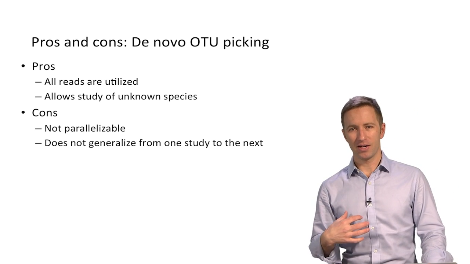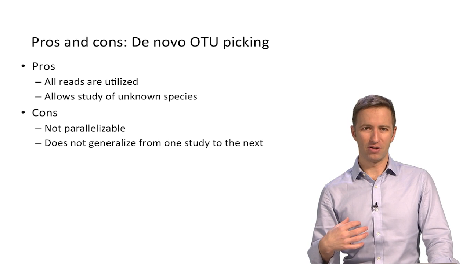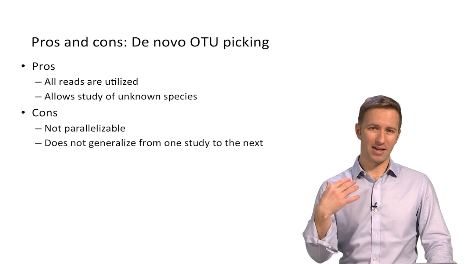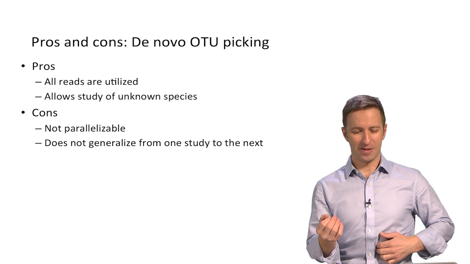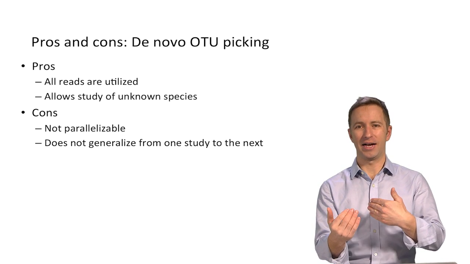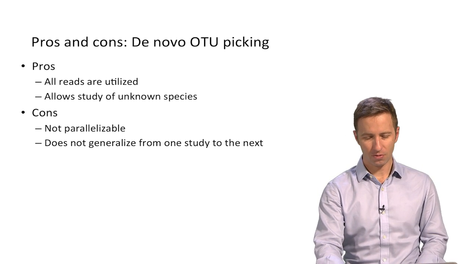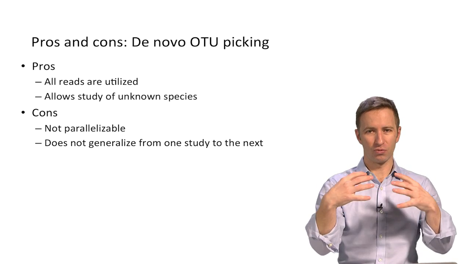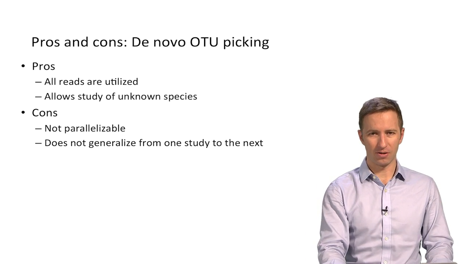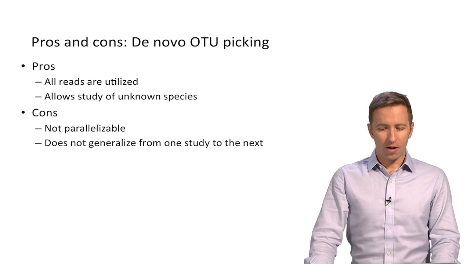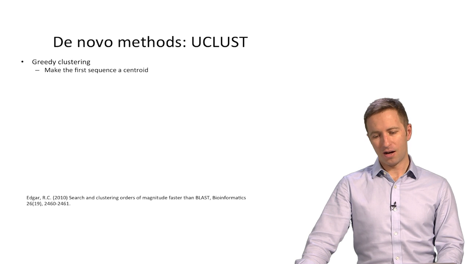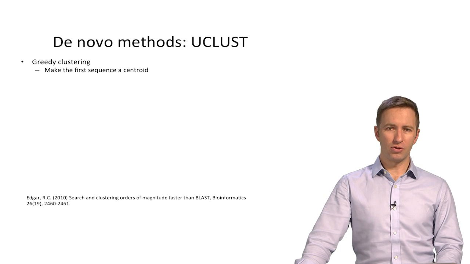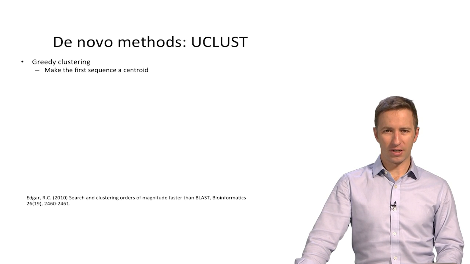So if I pick de novo OTUs in my data set and you pick de novo OTUs in your data set, then we can't compare our OTUs. So we'd have to combine our data and then cluster the sequences. Now, I'm going to talk about a number of the most common and most commonly used de novo clustering approaches.